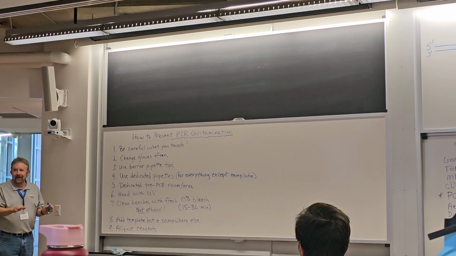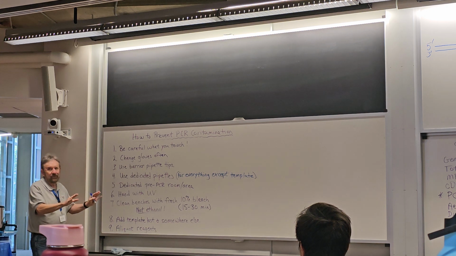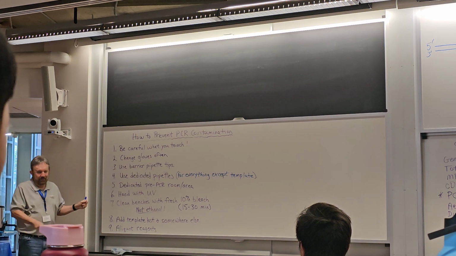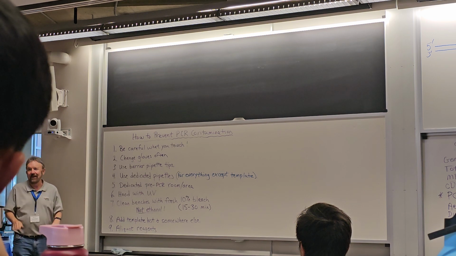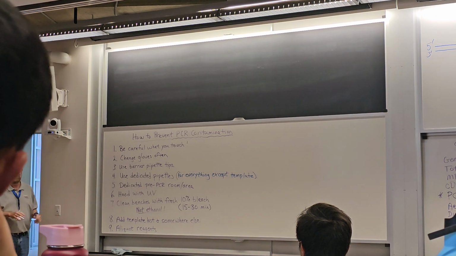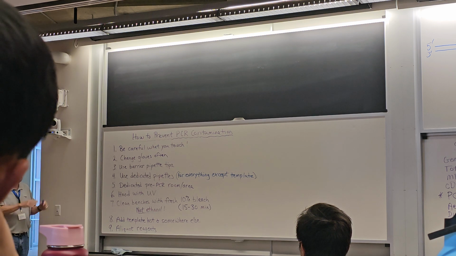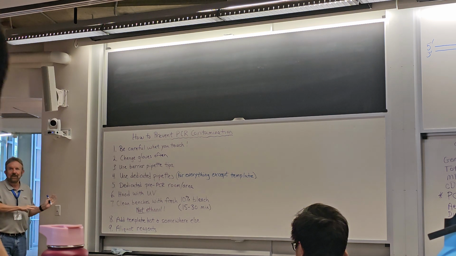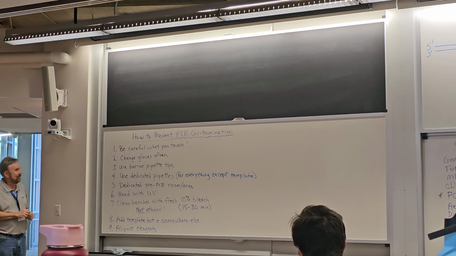If you absolutely can't do that, if it has to be in the same area as your lab, then please have a PCR area that's sort of in a corner, and maybe you put some tape down and you say no DNA into this area right now. That's not ideal at all, but it's better than nothing. But if you can have a separate room or an area that's separate from your lab, that's really ideal.